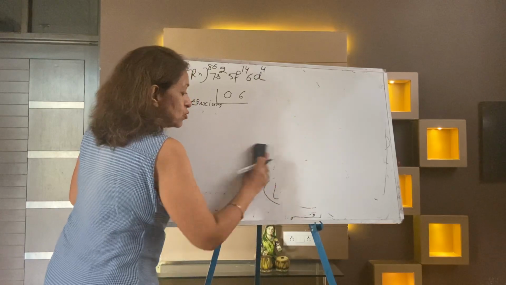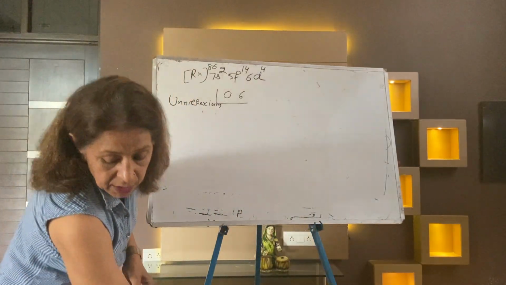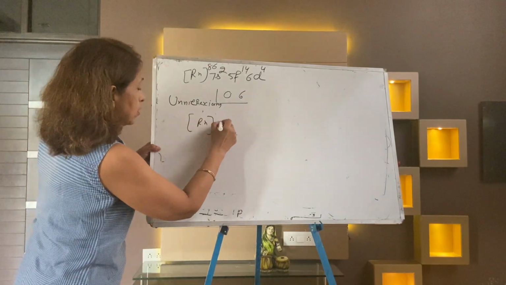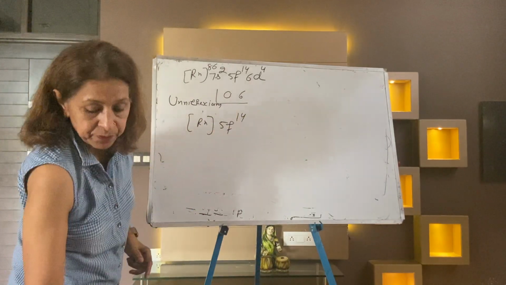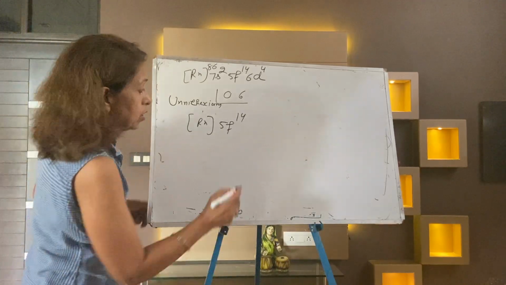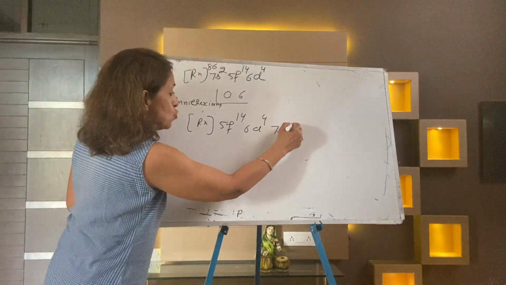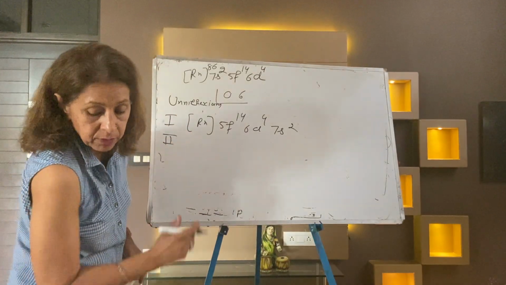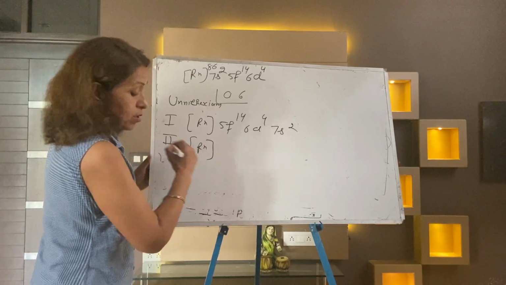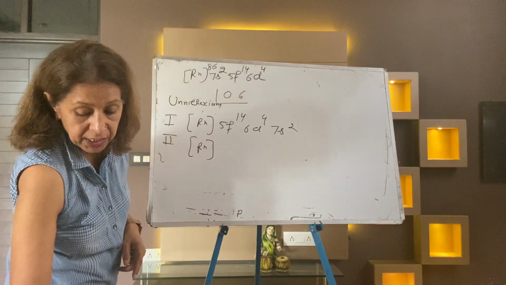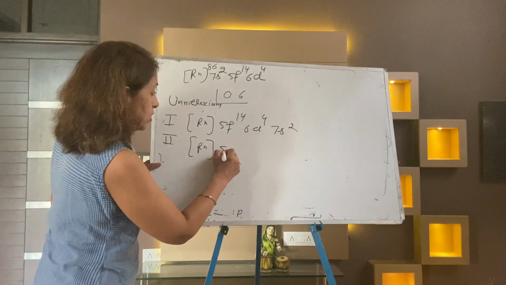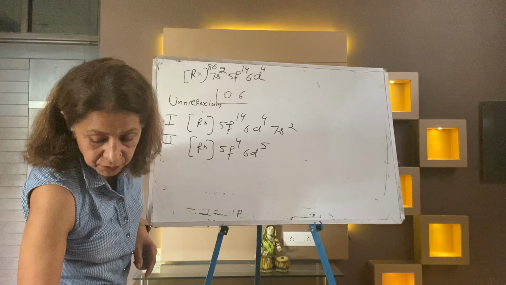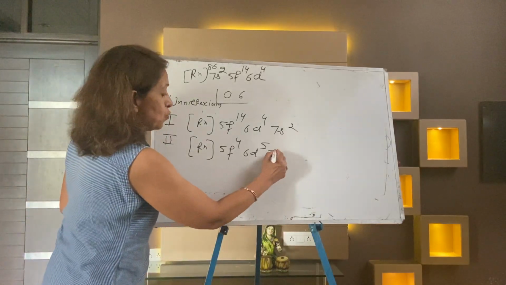Write down the options of this question. The options are: first option, radon 5f14, 6d4, 7s2. Second option, radon 5f14, 6d5, 7s2.